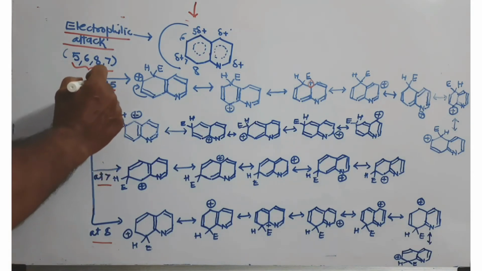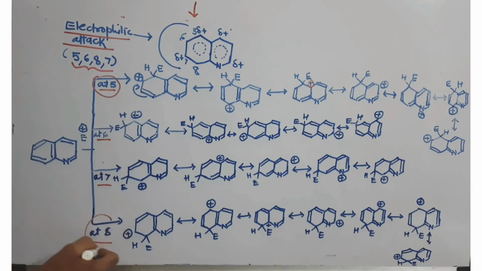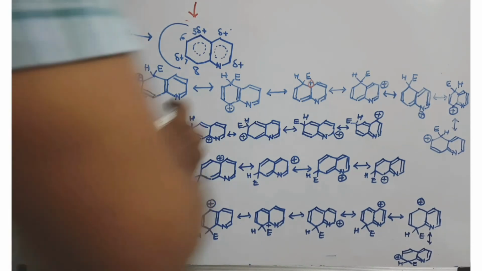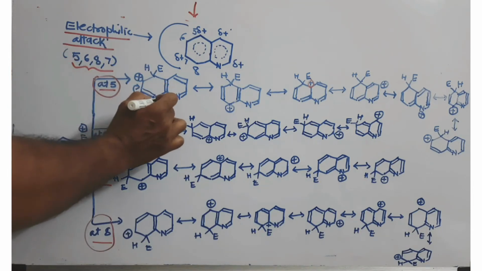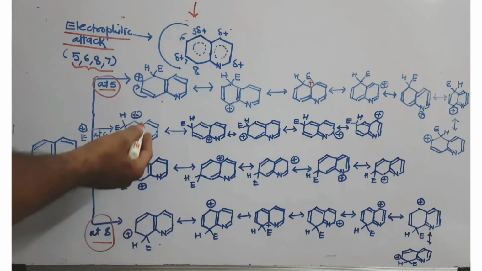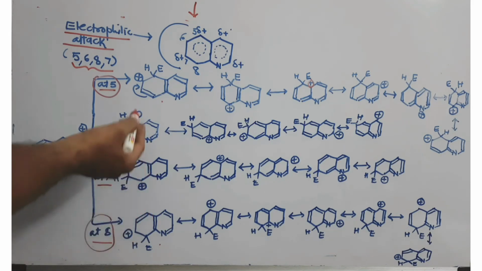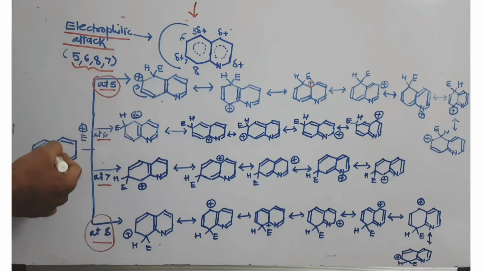So obviously, for attack at carbon number 5 and carbon number 8, because of more resonating structures, these reactive intermediates are more stable as compared to the remaining 2. So the electrophile will prefer attack at carbon number 5 and carbon number 8.